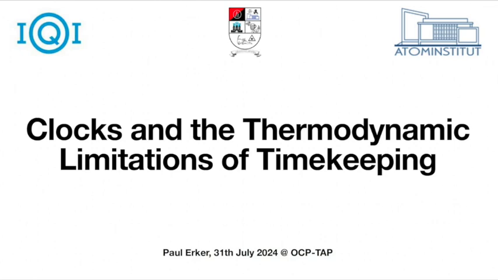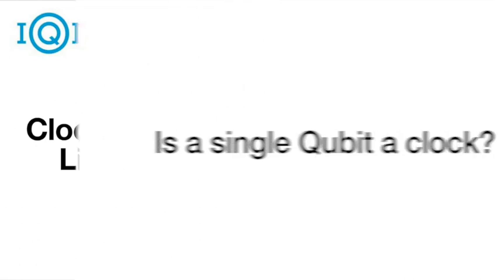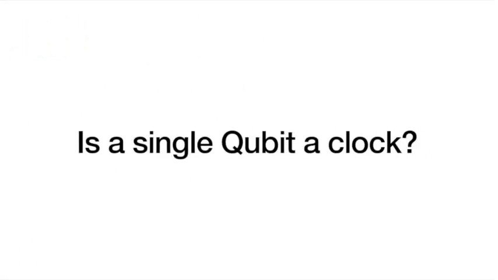So what I want to talk about is the question, what is a clock? Or one can also ask the reverse question, whether a single qubit is actually a clock. For those who might not be familiar with this notation, a qubit is just a quantum bit, so a two-dimensional quantum system.